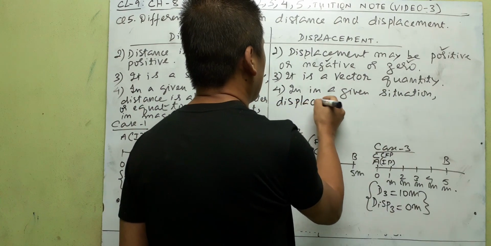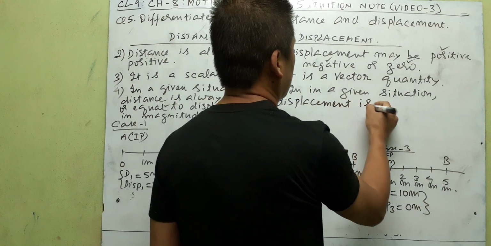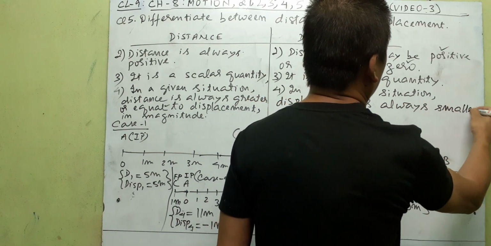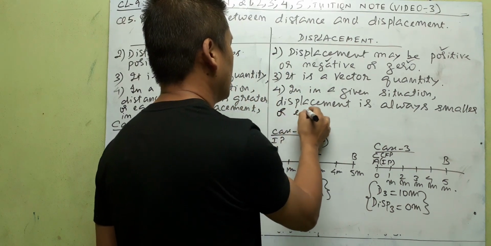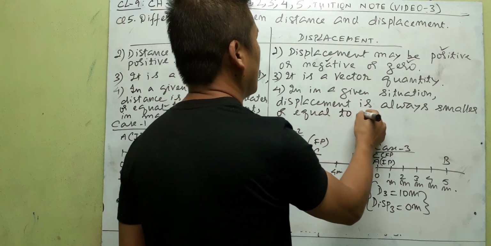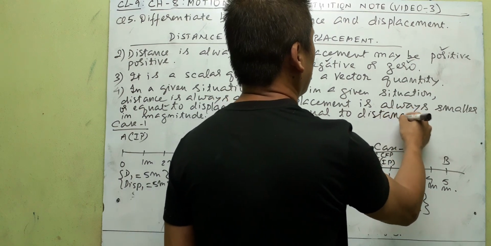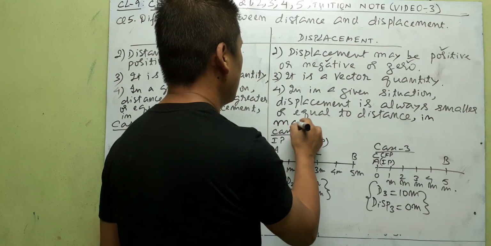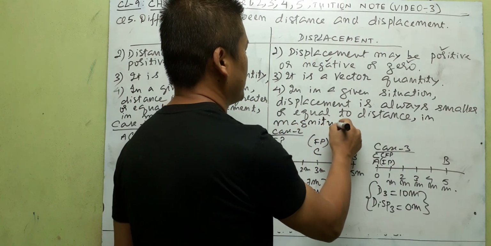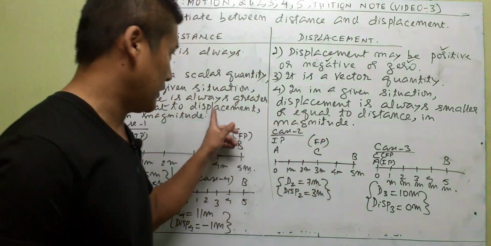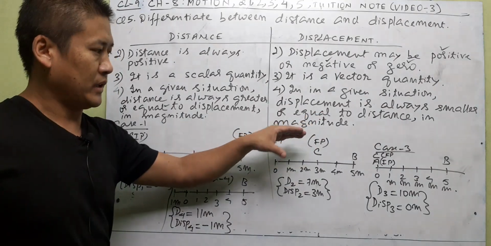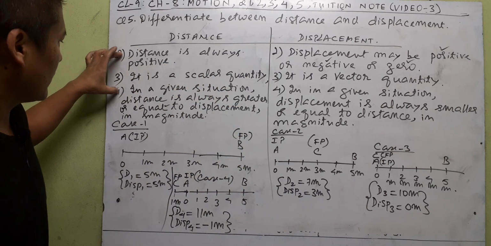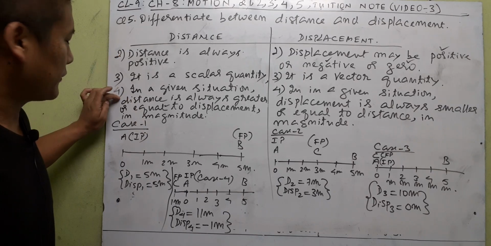Displacement is always smaller, or it can also sometimes be equal to distance, in magnitude, but it cannot be greater than distance, okay? So if you have understood this, I think this one no need to explain, right? So compare these cases with this last point, number 2 and 4. These cases will explain point 2 and 4 very clearly to us.